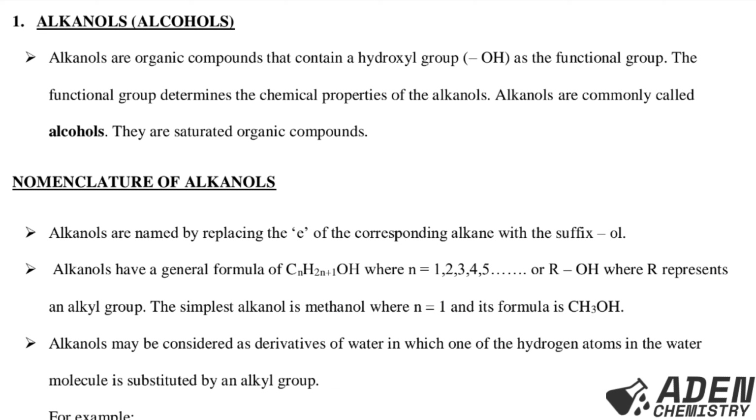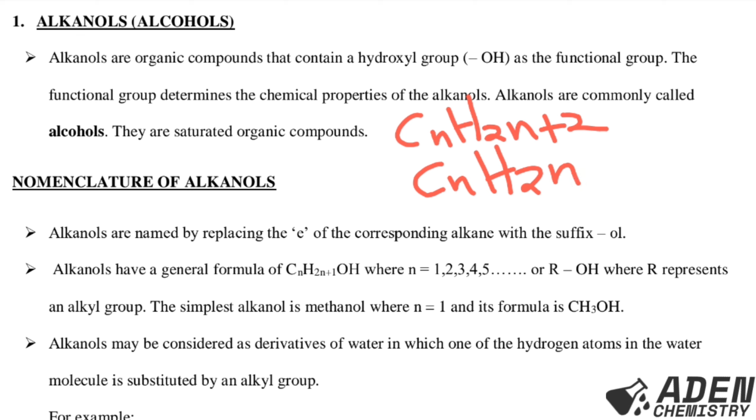Remember, when we talk about alkanes, the general formula is CnH2n+2. When we talk about alkenes, the general formula is CnH2n. When we talk about alkynes, the general formula is CnH2n-2. When we talk about alkanols, the general formula is CnH2n+1OH.